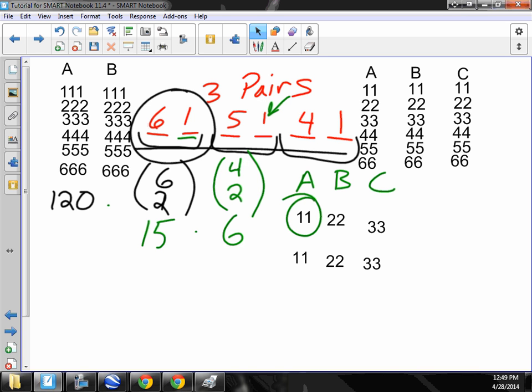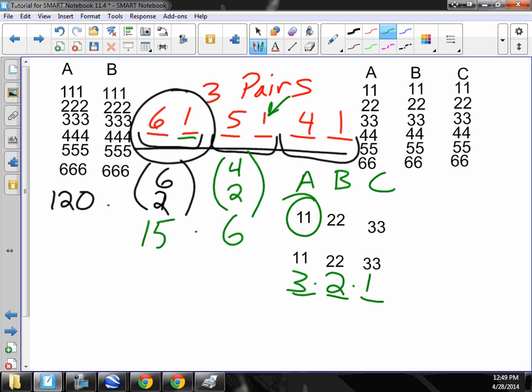Well, let's break it down. There are 3 sets. How many options are there for picking the group in the first set? So we're looking at Group A, Group B, and Group C. There are 3 ways to pick it. Once I've chosen that, how many are left?